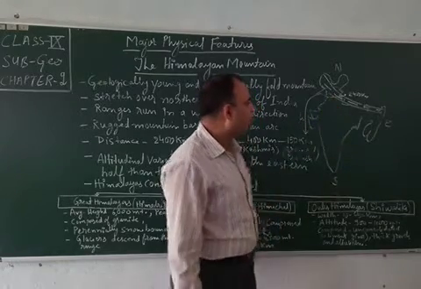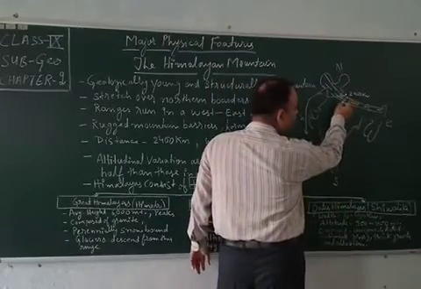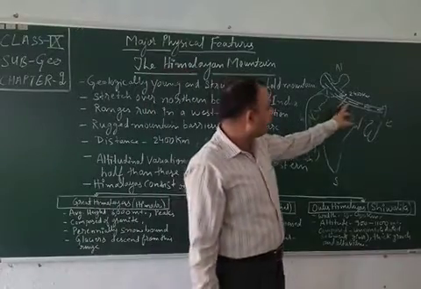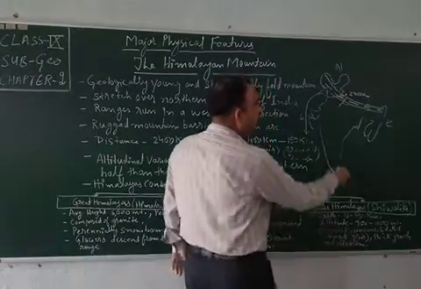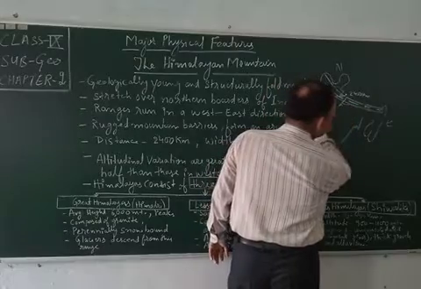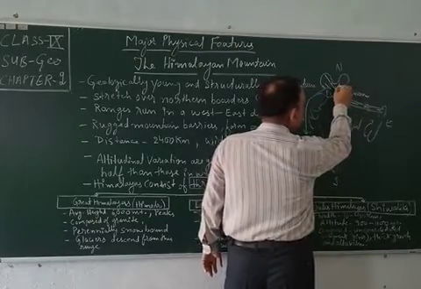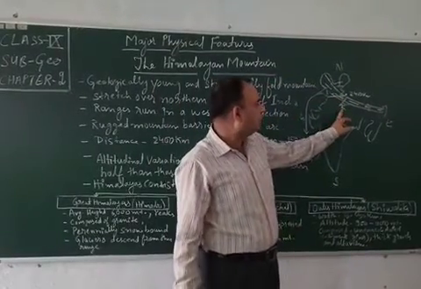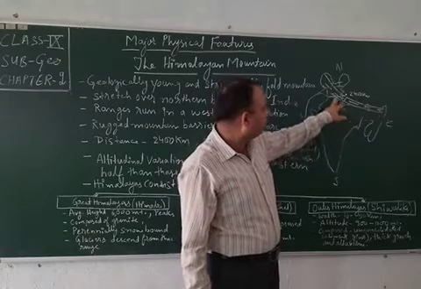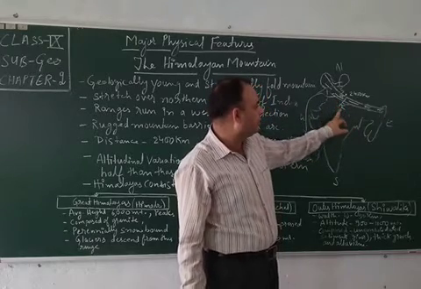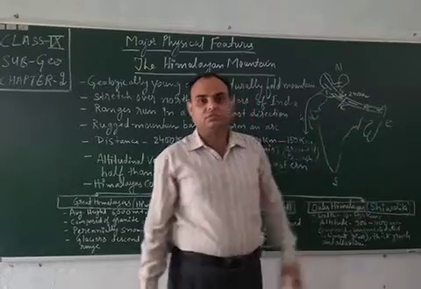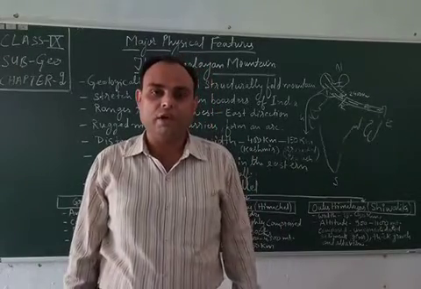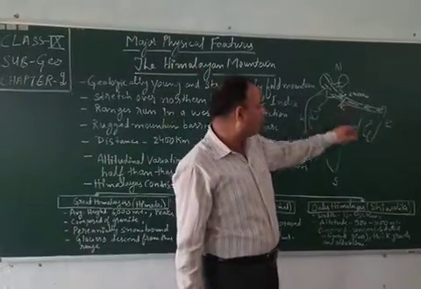Satluj River. Now coming to the next, the western side of Nepal. Here is the Kali River. This is Indus, this is Satluj, this is Kali River. In between these two rivers, Satluj River and Kali River, the mountain located is called the Kumaon Himalayas.